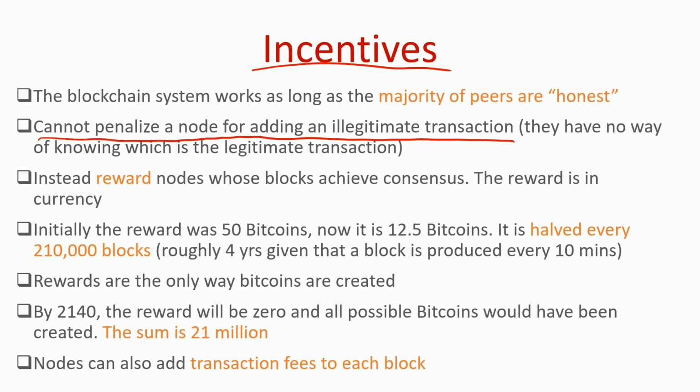This is where the application of blockchain in cryptocurrencies becomes different from the application of blockchains in any other type of system. In cryptocurrencies, because we already are dealing with finances, the reward is actually in the same currency of this cryptocurrency. If you're using Bitcoin, you get Bitcoins as a reward. So when a miner succeeds in publishing a block in the blockchain, they get a set of Bitcoins.